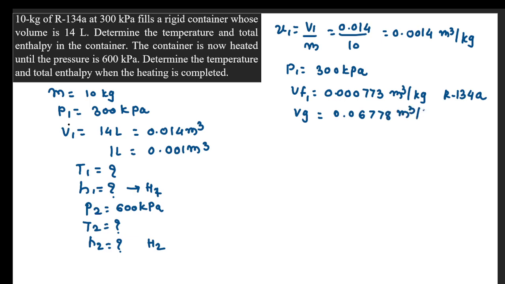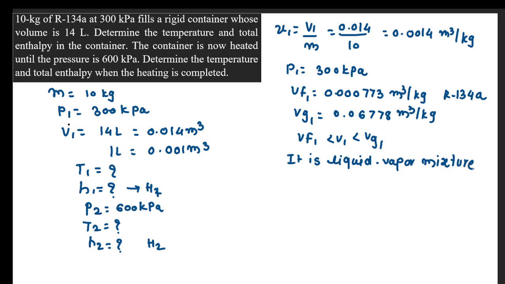If we compare V1 with Vf1 and Vg1, V1 is greater than Vf1 and less than Vg1. So it is a liquid plus vapor mixture, within the dome, so we can find the dryness fraction first.